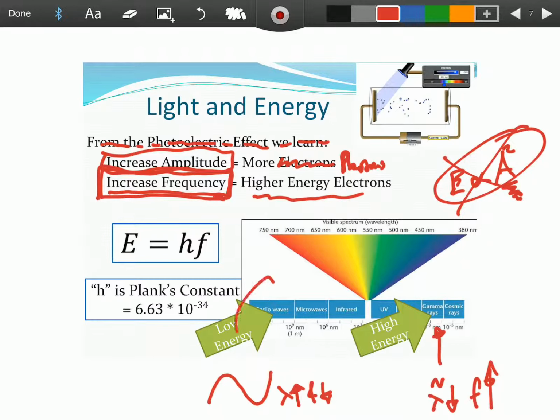Okay, so low energy on the radio side, high energy on the gamma ray side, and this should make sense, because if you think about what type of light, if I were to expose myself to it, would be really dangerous, right? Gamma rays make the Hulk and kill cells. That's why we use them to treat cancer. They can also cause cancer.